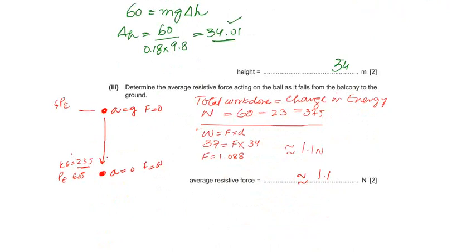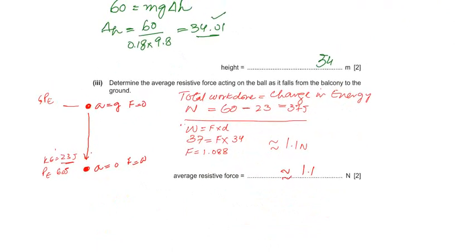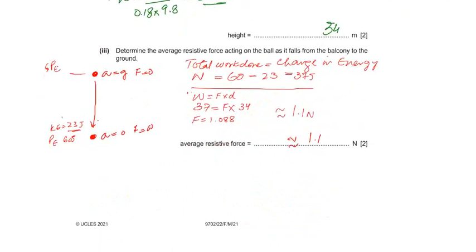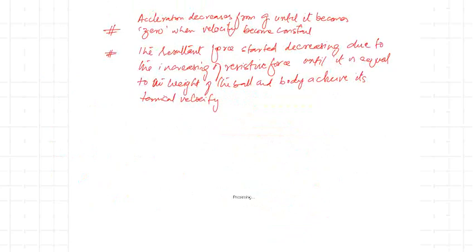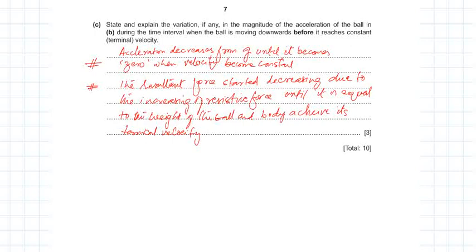The last part is: describe the variation, if any, in the magnitude of the acceleration of the ball in B during the time interval when the ball is moving downward before it reaches the ground. It is very clear that when the body starts falling downward, there is no air resistance.